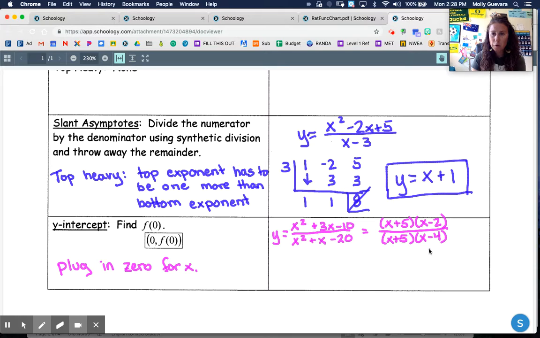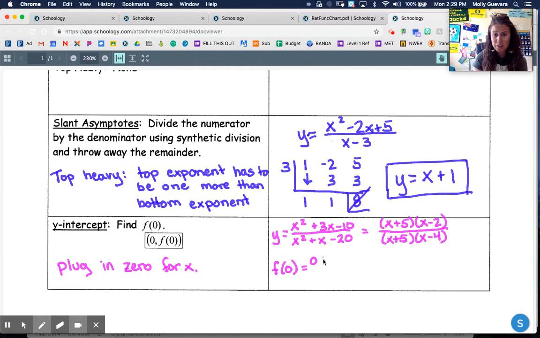So I can plug in 0 on the original, or I can plug in 0 in the factored form. It doesn't matter. I'm going to get the same thing no matter what, okay? I usually like this one because when I plug in 0, I know that this is 0, right? Because 0 squared is 0, and I know that this is 0.